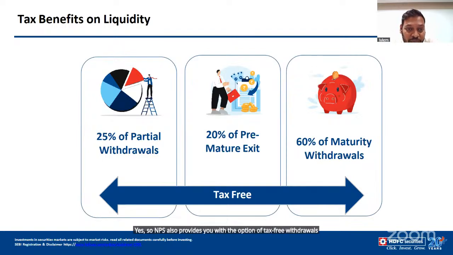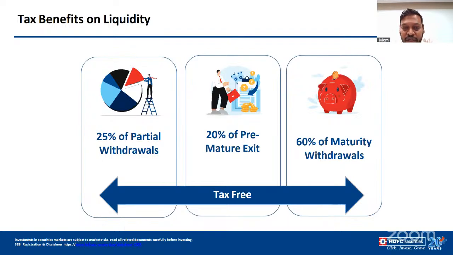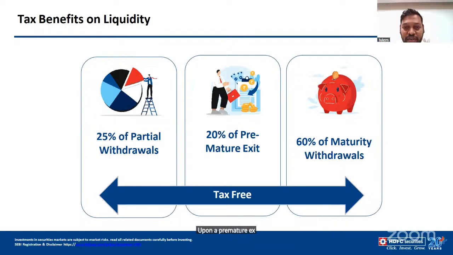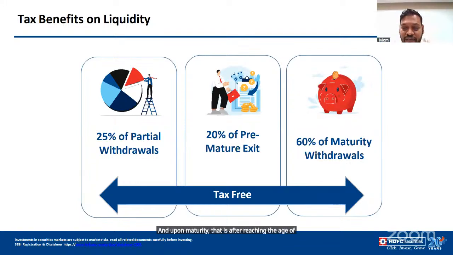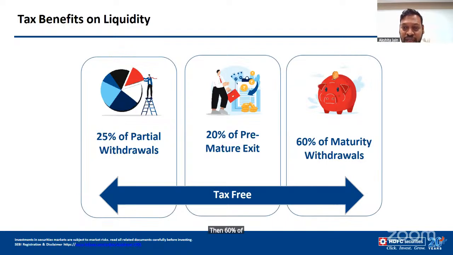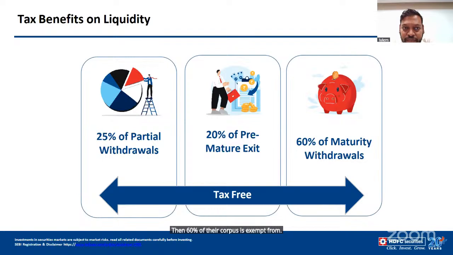One can opt for a partial withdrawal, where they can withdraw 25% of the individual voluntary contribution they make. Upon a premature exit scenario, they can withdraw 20% of the lump sum corpus, which will be tax exempt. And upon maturity, that is after reaching the age of superannuation, if an individual withdraws, then 60% of their corpus is exempt from tax. Okay.